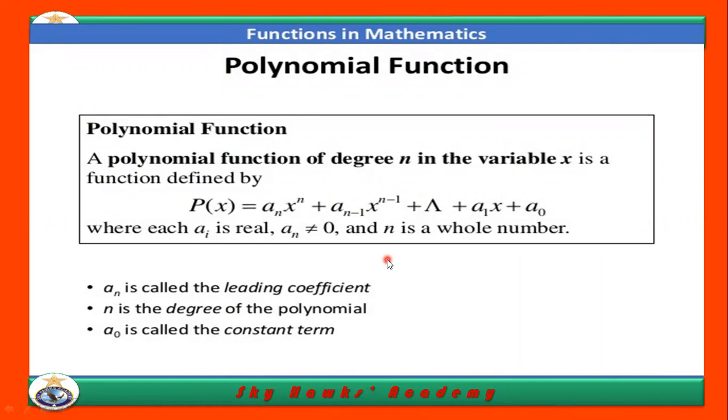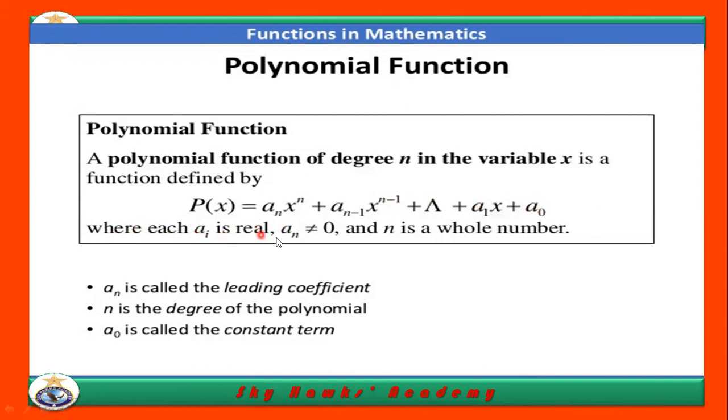Polynomial function and quadratic function, we will find the difference. A polynomial function of degree n in the variable x is the function defined in this way. This is the general format of any polynomial function, because there are so many terms, starting from the coefficients and raising to the power of x, and these powers are decreasing, and at the end we reach the constant.